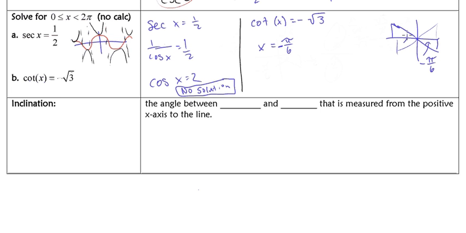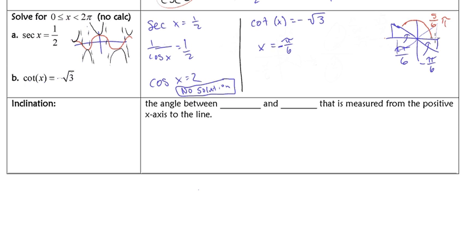Now, if this reference angle is again pi over 6, then what would this angle here be? Well, if this all the way here is pi, and that amount is pi over 6, then we still have 5/6 of pi as our angle here.